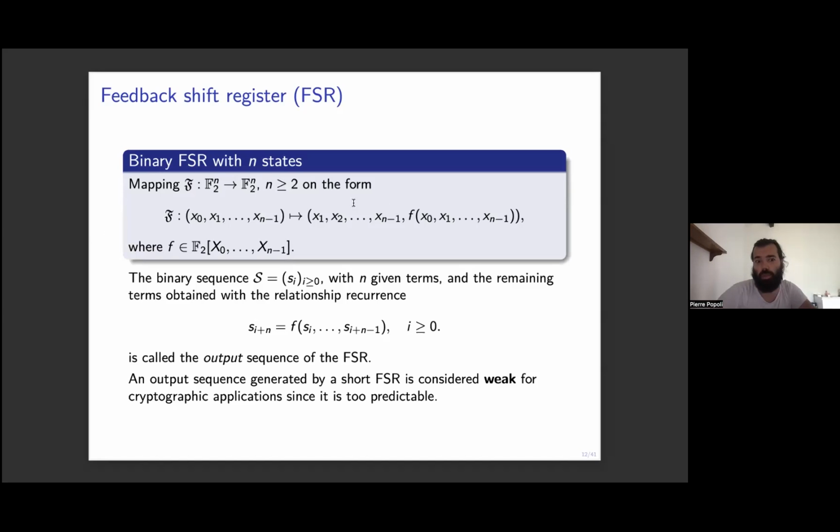Thanks to this map, you can construct an infinite sequence. You give the first n terms, and the remaining terms are calculated with the recurrence relation, where S(i+n) is the polynomial value of the n previous values. We call this sequence the output of the feedback shift register.